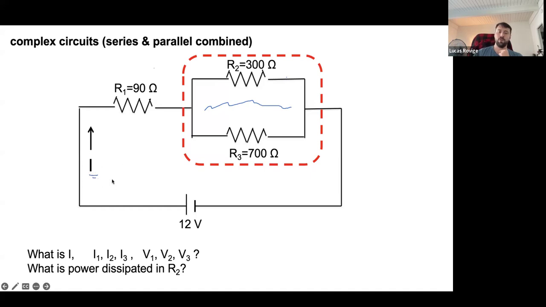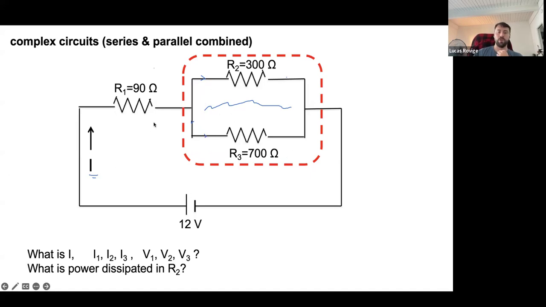And then knowing the current here, we can use Kirchhoff's first law to know that the sum of these two currents is going to be equal to those.